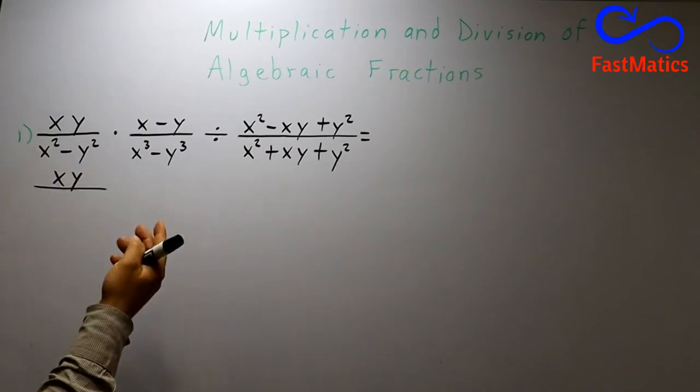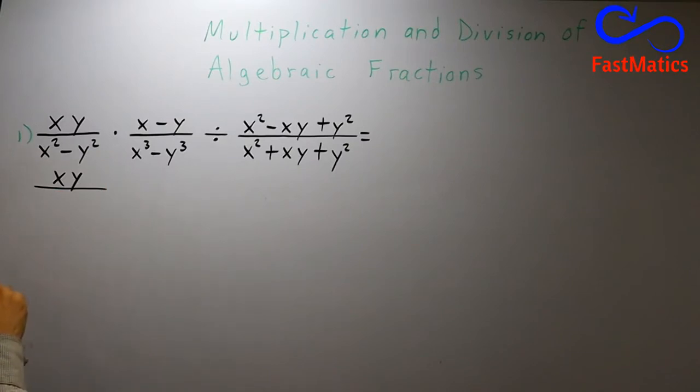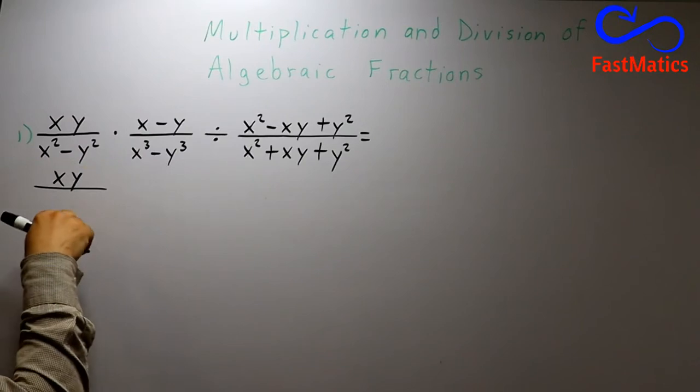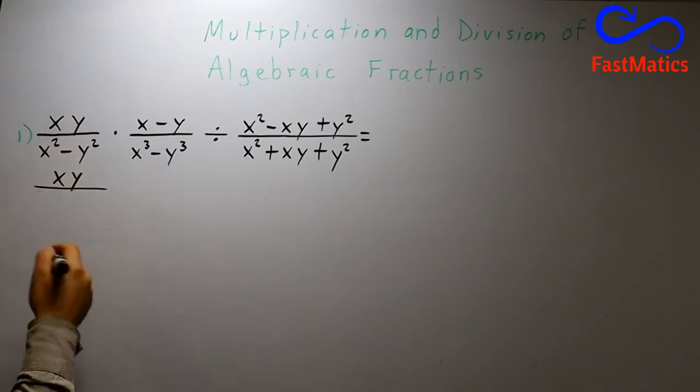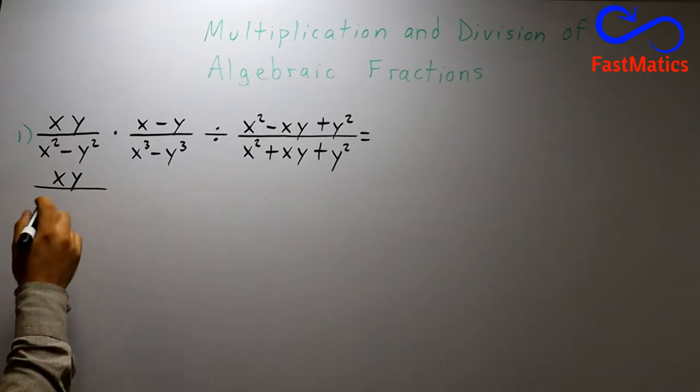Are there three terms? No, so it is not a trinomial. Do we have two terms separated by a negative sign and both with square roots? Yes, so it is a difference of squares.